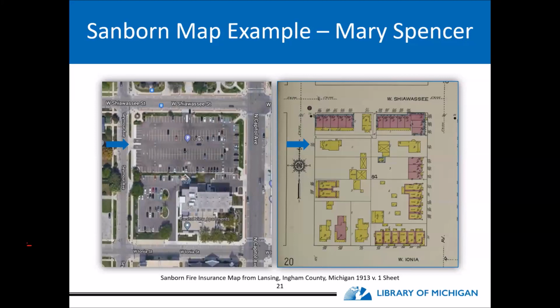Maybe there was a cobbler, or a grocer, and so on, and whatever else has been labeled or put on the building in question. For us, in this example, just D for dwelling. I can't see anything else because it's not really zoomed in too much. So this gives you a then-and-now picture of what we've lost and what we have now.